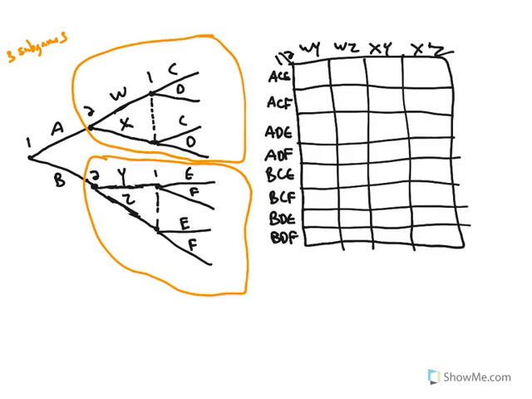Okay? So in this bottom one, let's make it resolve really easily. Let's make player 2 have a dominated strategy. Let's say Z is dominated. So I'm going to have player 2 getting 2 here, 3 up here, 4 here and 1 here.